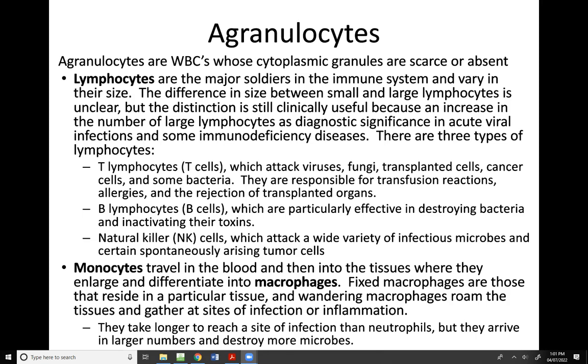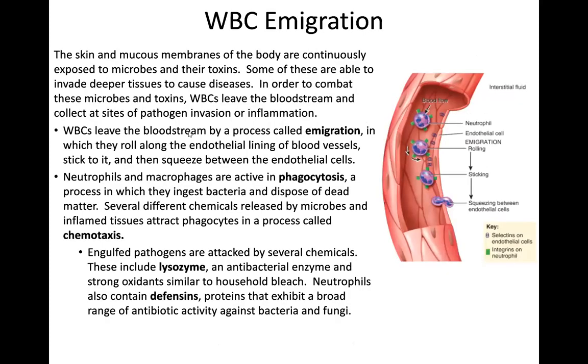We call those fixed, or they can wander around, and we call those wandering, where they can gather at sites of infection or inflammation. They take longer to reach a site of infection than neutrophils, but they come in larger numbers and destroy more microbes. So neutrophils and macrophages are the two cells, if you want to visualize them, that help us go through phagocytosis.